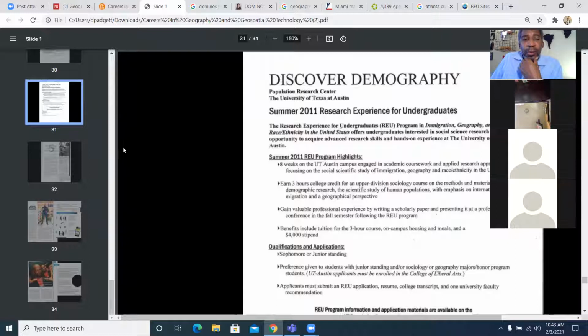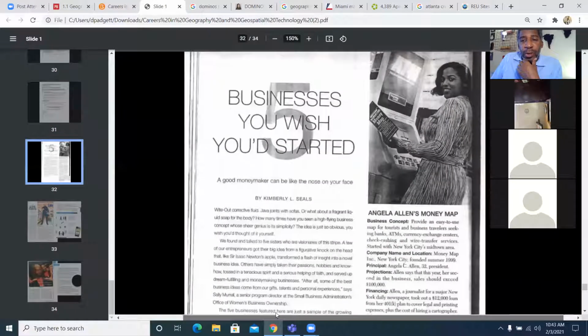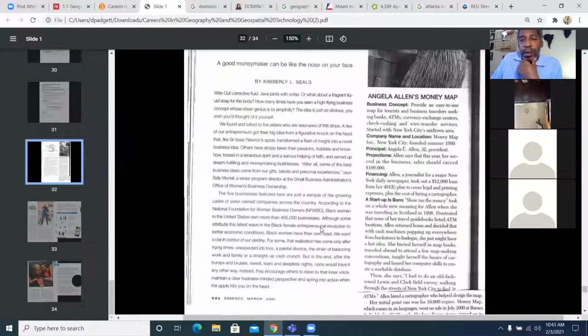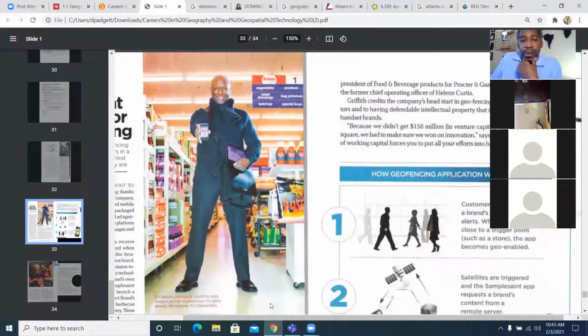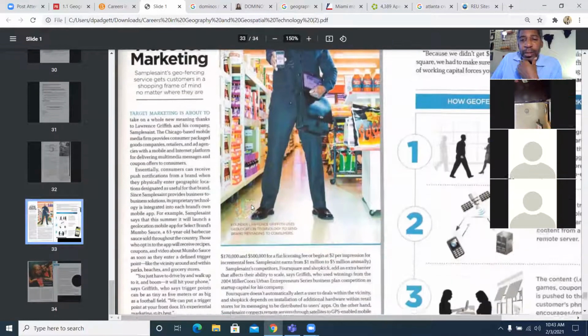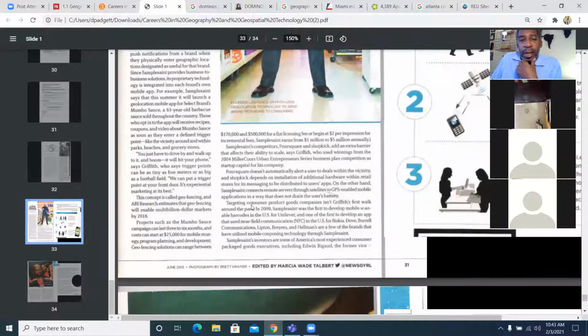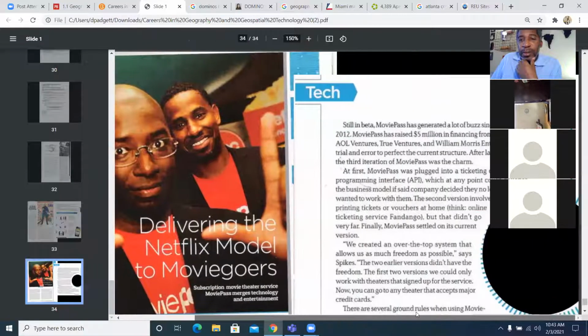Okay, so what I want you to do before Monday, and we'll probably pick up from here on Monday. Read this article for those of you who are considering being entrepreneurs. This is Angela Allen's Money Map. Also, for you entrepreneurial types, here's a sample saint. Look at that. And then last but certainly not least is Movie Pass from Netflix.